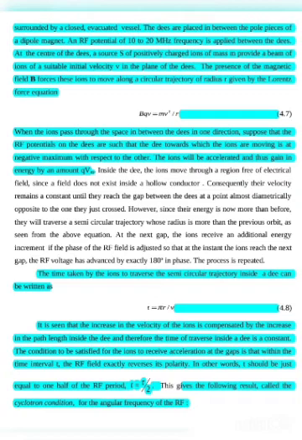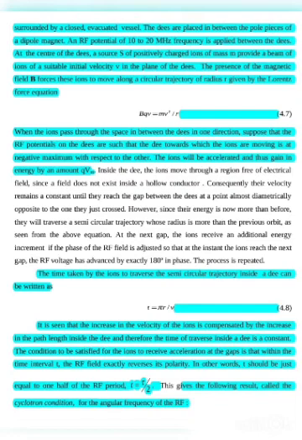When the ion passes through the space between the Ds in one direction, suppose that the RF potential of the Ds is such that the D towards which the ions are moving is at negative maximum with respect to the other. The ions will be accelerated and thus gain in energy by an amount qVm inside the D.